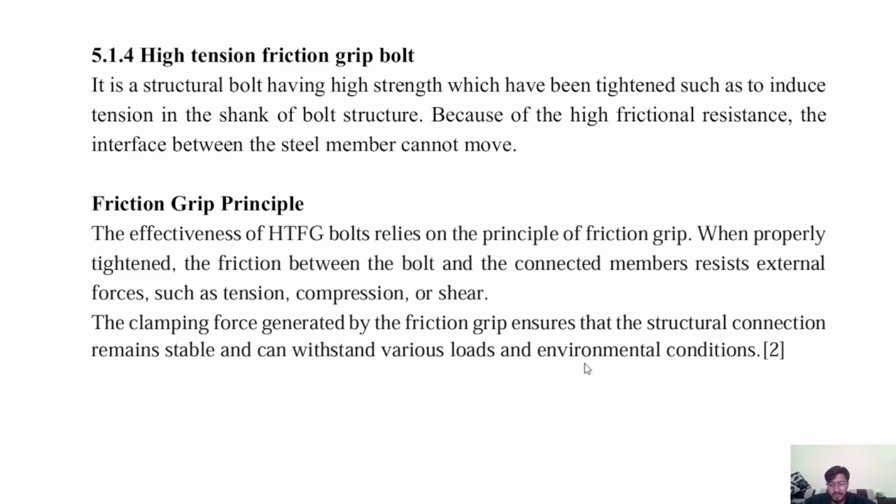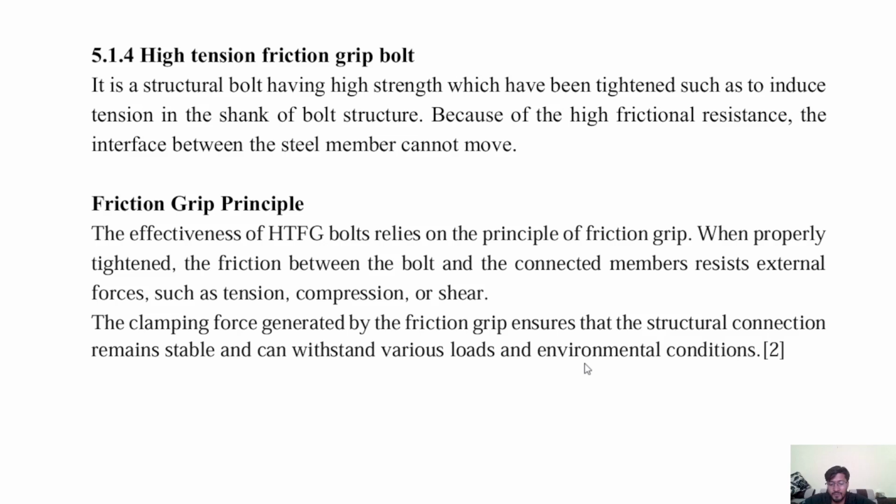During installation, high tension friction grip bolts are tightened to a specified preload or tension using a calibrated torque wrench or hydraulic tension device. The applied preload generates frictional force at the interface between the bolt and the connected members.